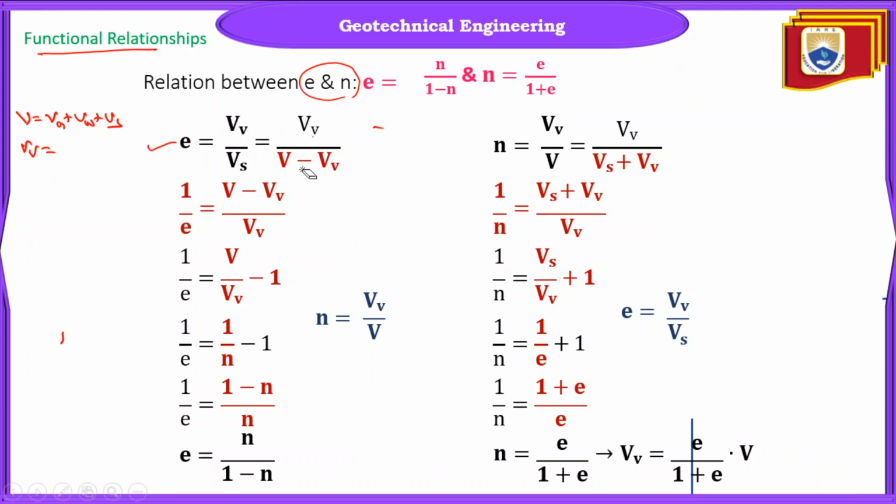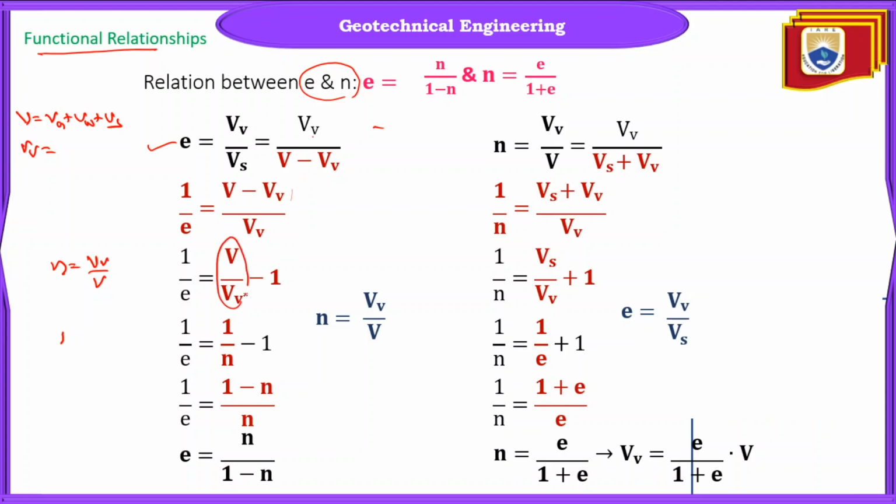So from here, if you consider 1 by e, it becomes V minus Vv by volume of voids. Then, as we know, the porosity formula is volume of voids to total volume.